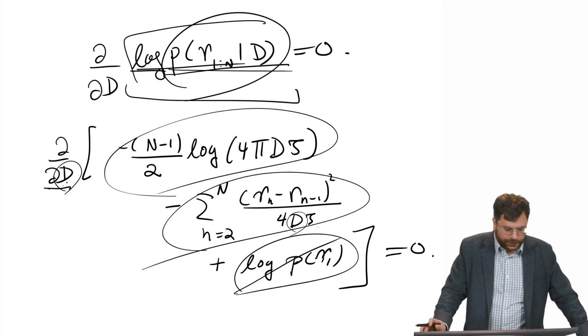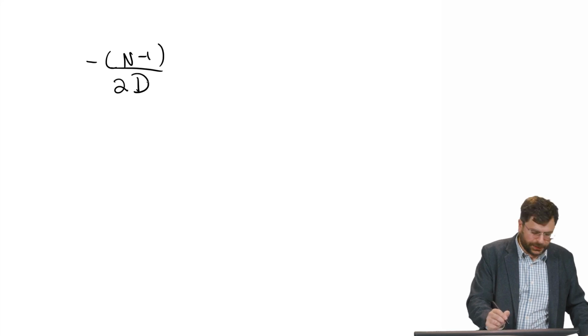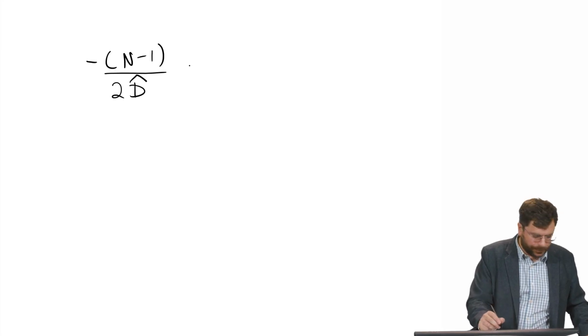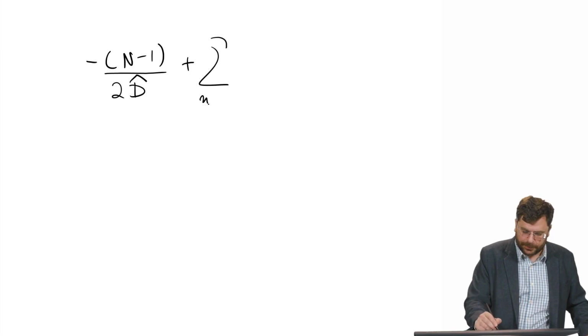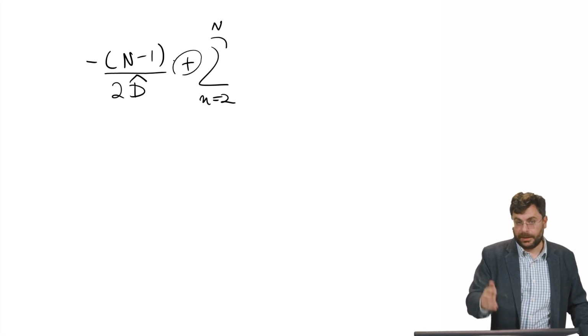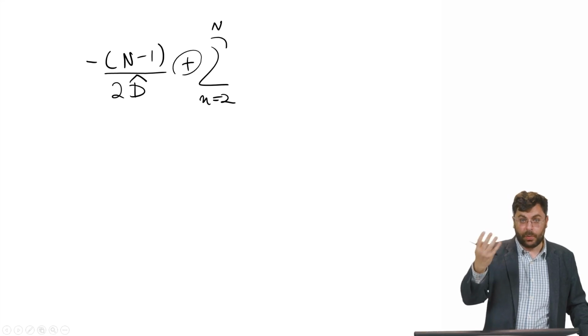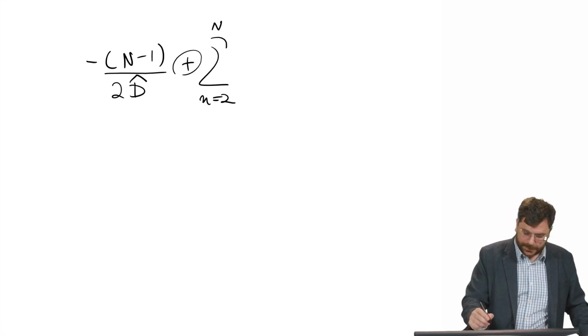So if we trust that I know how to take these derivatives, this is n minus 1 divided by 2d hat, plus sum from n equal to 2 to n. The plus, by the way, came from the fact that I was taking a derivative of 1 over d, which brought out a minus sign.